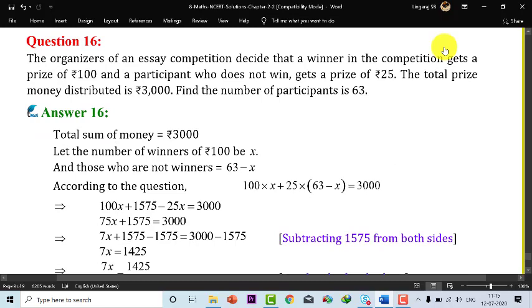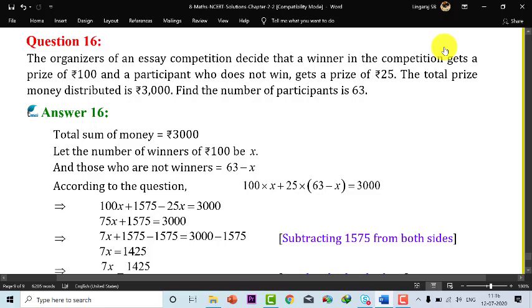The organizers of an essay competition decide that a winner in the competition gets a prize of 100 rupees and a participant who does not win gets a prize of 25 rupees. The total prize money distributed is 3000.